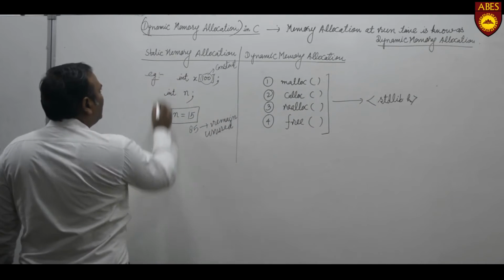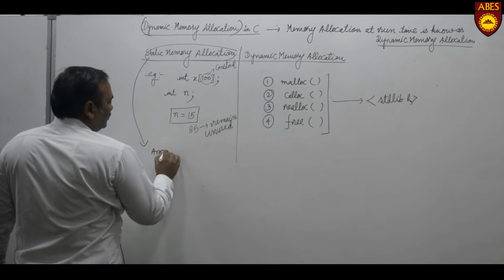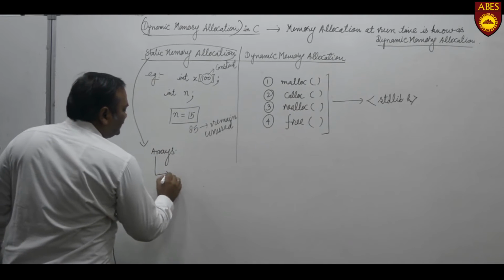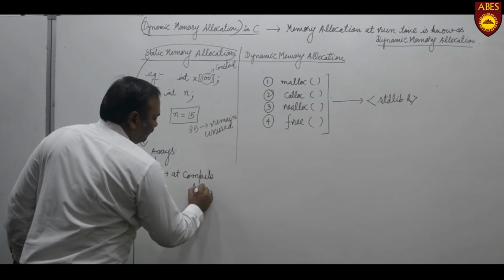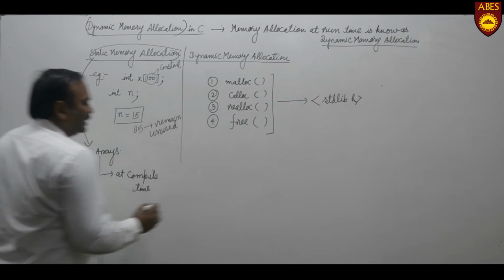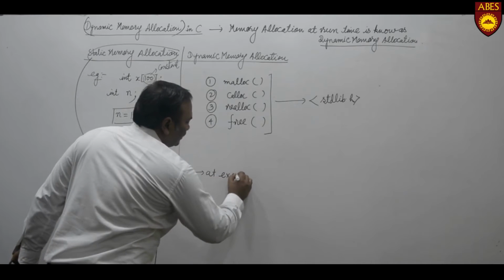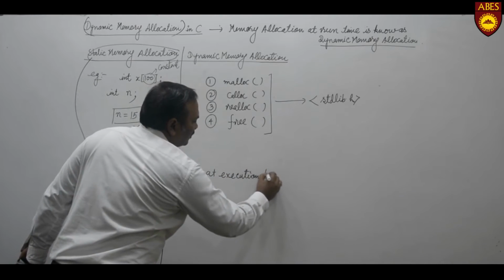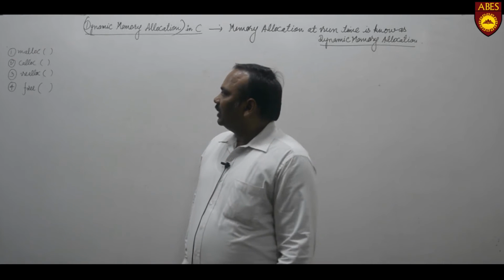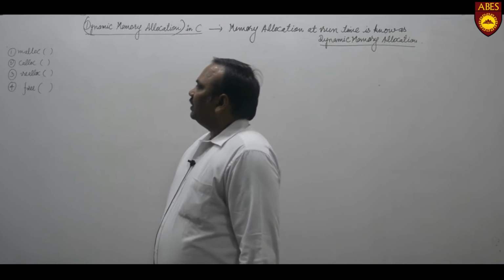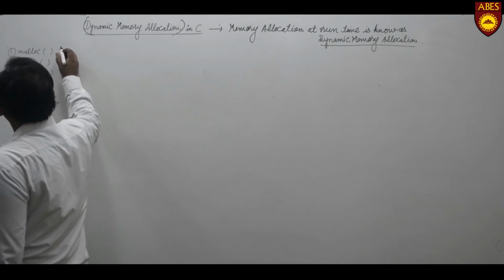So in a nutshell, static memory allocation is through arrays and it is at compile time, and dynamic memory allocation is at execution time. The basic difference is that. Now we are going to start, one by one, with these four functions.